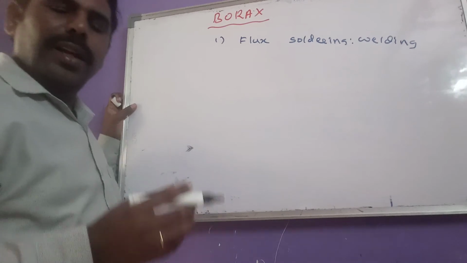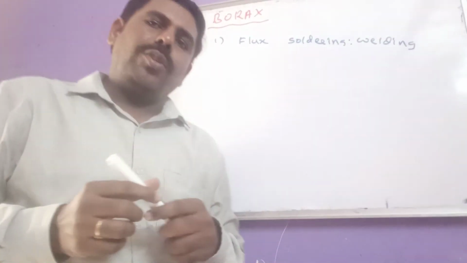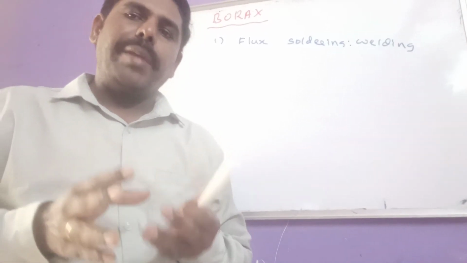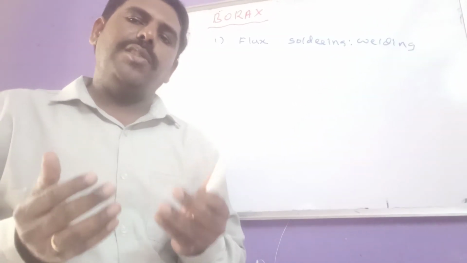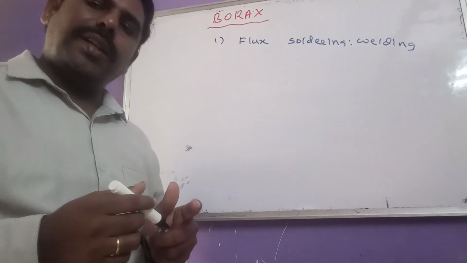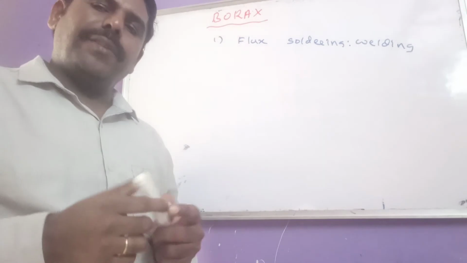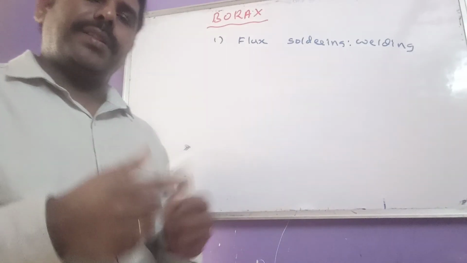What is flux? To remove the gangue from minerals, the reagent used is known as flux. So borax is used as a flux in soldering, welding, and some metallurgical processes.